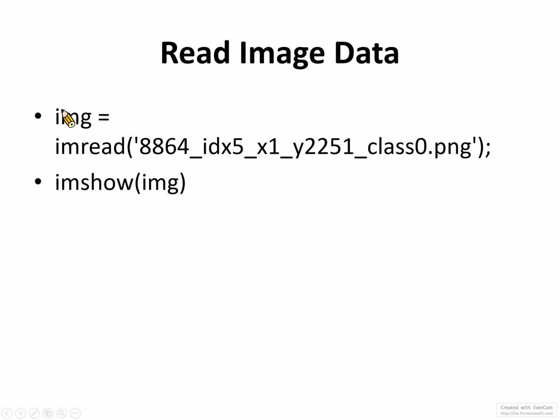So you can type into the 0 folder and find these files, and in MATLAB type img equals imread with the file name, then use imshow to show these images. The result will be shown just like this.